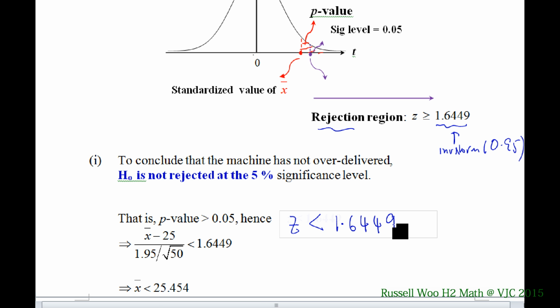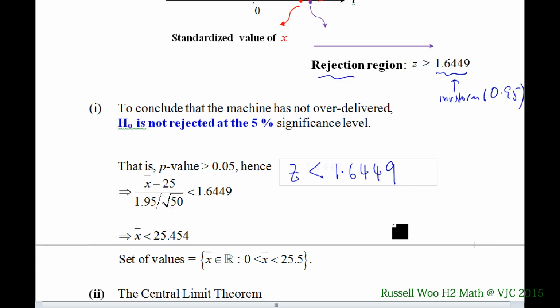Then you just standardize your X bar, just substitute in. Eventually, you get an answer here, only a one-tail answer. That means as long as your sample mean is less than 25.454, you want to conclude whether it's 25 or larger than 25.